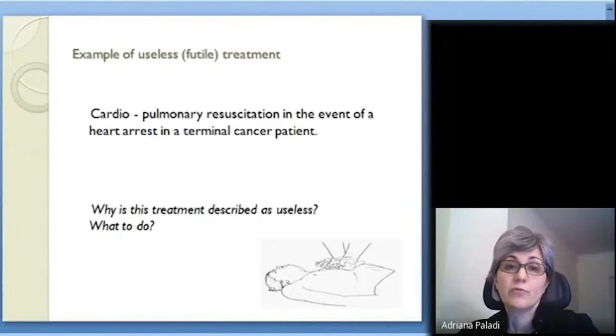This type of treatment is qualified as burdensome because even if it could extend a little bit the life of the patient, it could also extend the suffering and decrease the comfort of this patient.